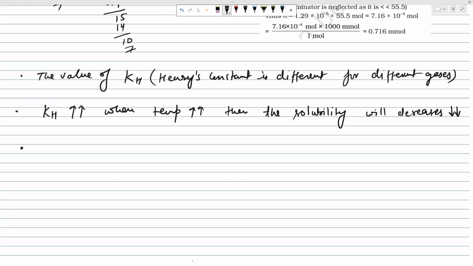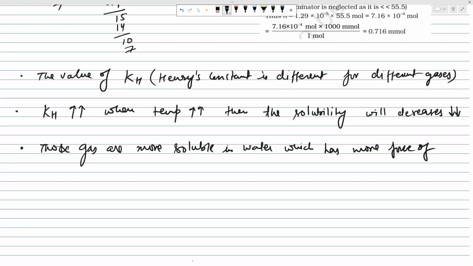So we'll say that those gases are more soluble in water which have more force of attraction between their particles. Understood?